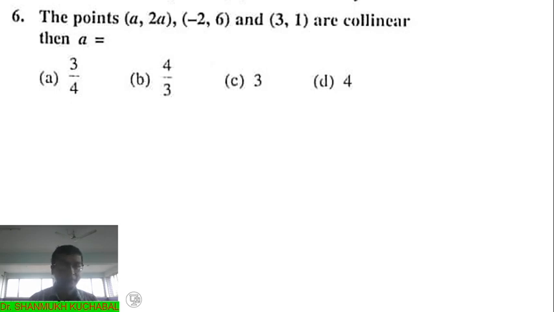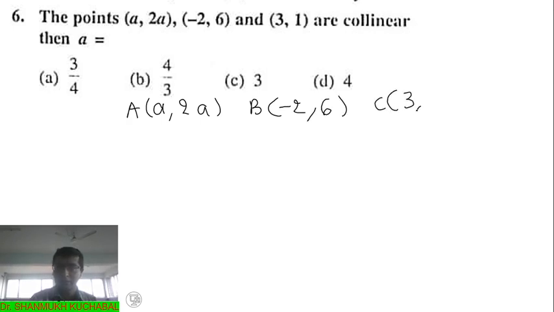Next example: the points (a, 2a), (-2, 6) and (3, 1) are collinear, then a equals. Here we take the points as A, B, C. A is (a, 2a), B is (-2, 6), C is (3, 1).